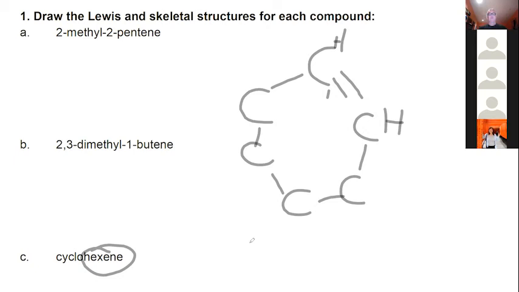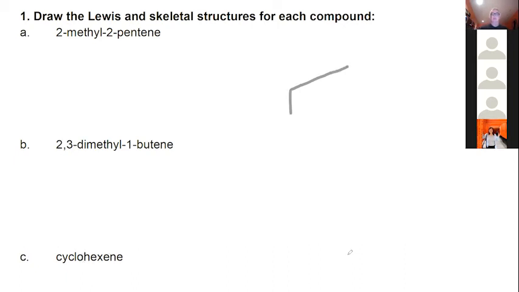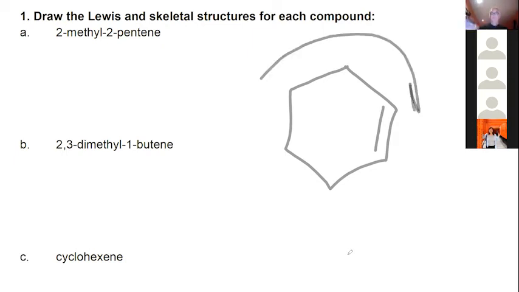And as far as drawing cyclohexene in the skeletal, that's as simple as it gets, because you just make 1, 2, 3, 4, 5, 6, and then I just put a line. It doesn't matter where it is, because I can just spin that around and it's all the same compound. So it doesn't matter where you put the double bond.